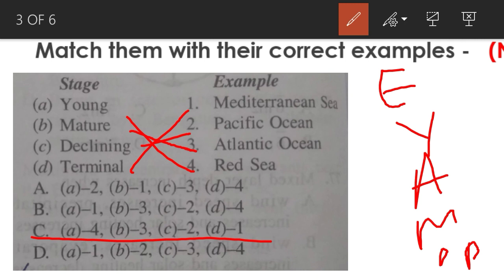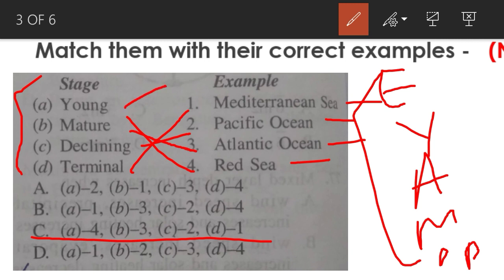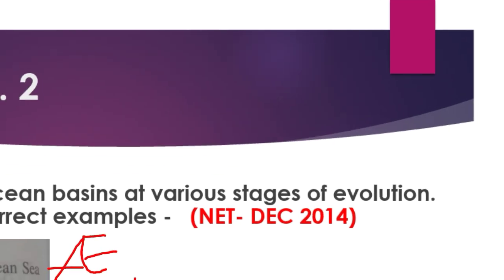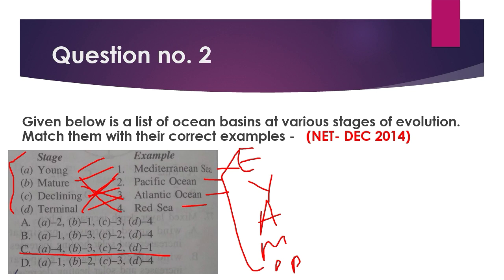So don't confuse these 6 stages with these 4. Here we are assuming that they are relative positions. So in relation, the Red Sea is younger than the Atlantic, then older is the Pacific, then much older is the Mediterranean Sea, and hence the young stage comes before mature, then we find declining, then we find terminal. So these are the relative conditions. Okay, so here C is your correct answer.